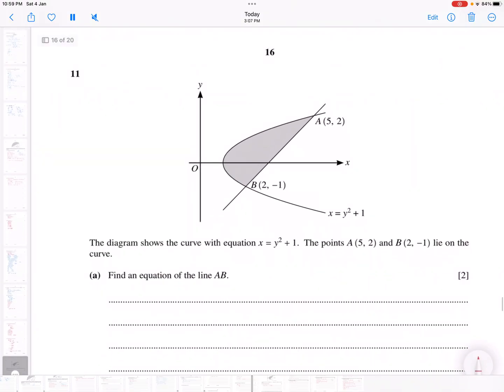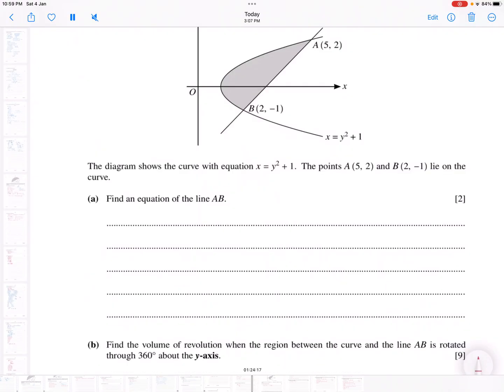Question 11. The diagram shows the curve with this equation, and the points A and B, whose coordinates are given, lie on the curve. Find the equation of the line AB. So this part is very easy. Just find the gradient, y2 minus y1 over x2 minus x1. So your gradient is 1. Now use y minus y1 equals m times x minus x1. You can pick any one out of these two.